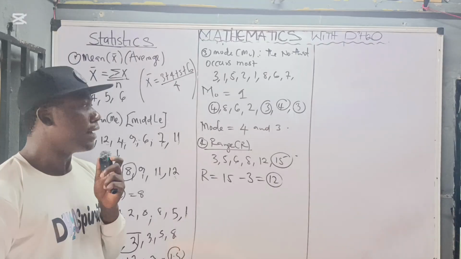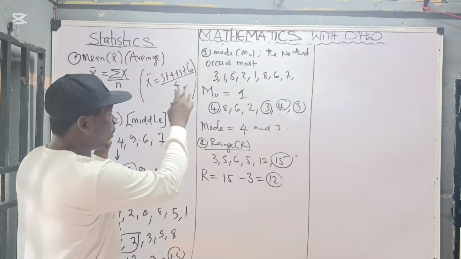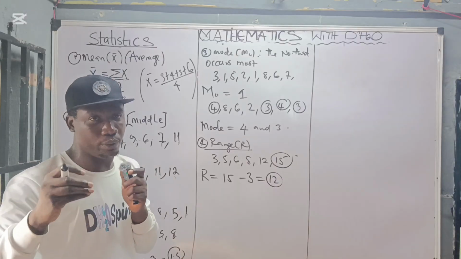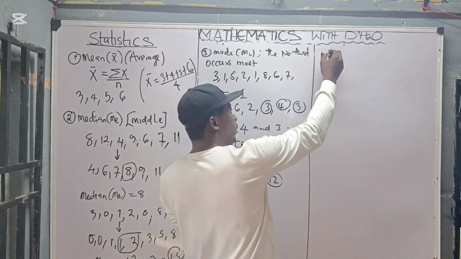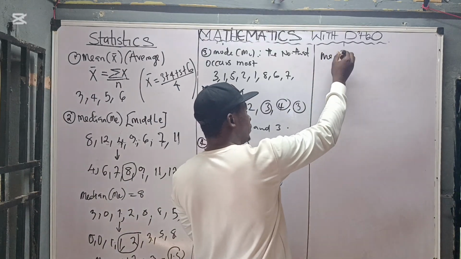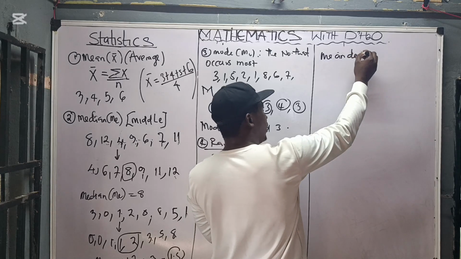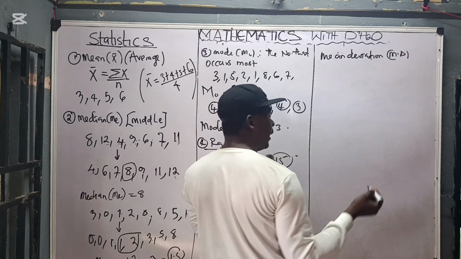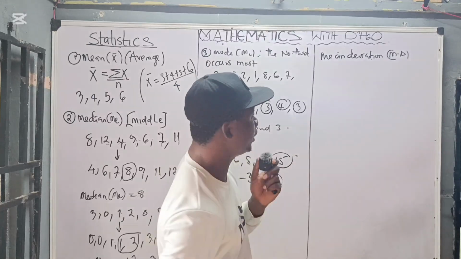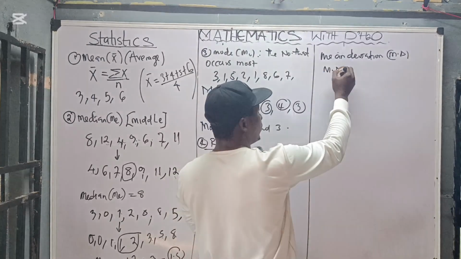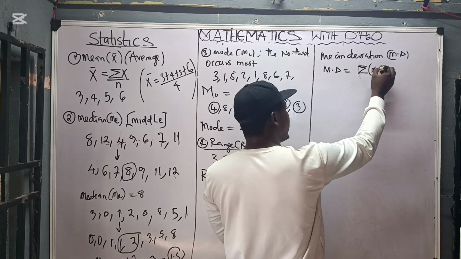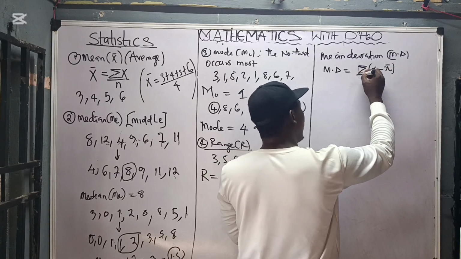Do you understand? Now I will still explain. You see these ones I explained now, they are the basis of your statistics. Now I'm going to explain what we call mean deviation, which is MD. Are we together? What will be mean deviation? See the formula. Mean deviation is the summation of x minus x bar, all over n.